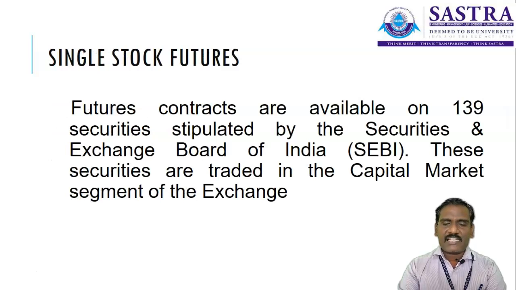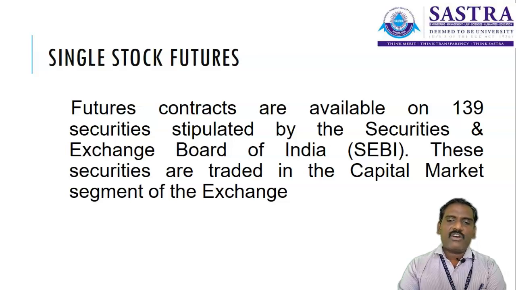With single stock futures, future contracts are available on 139 securities stipulated by the Securities Exchange Board of India. These securities are allowed to be traded in the market and entered into future contracts.